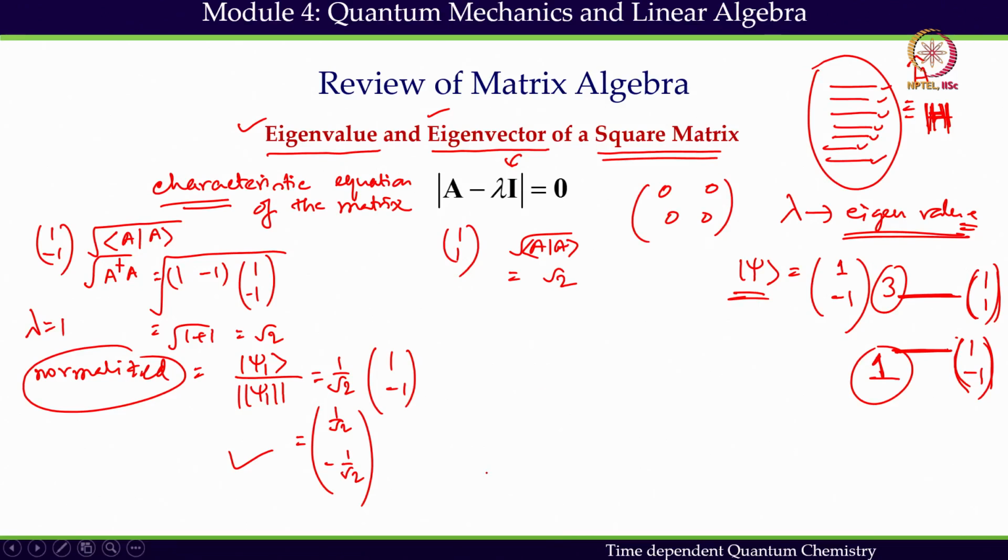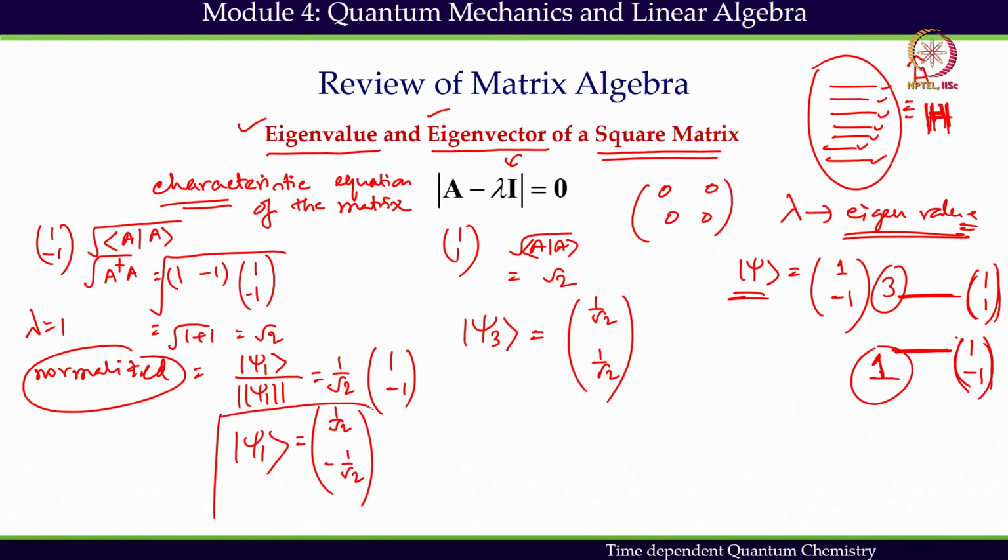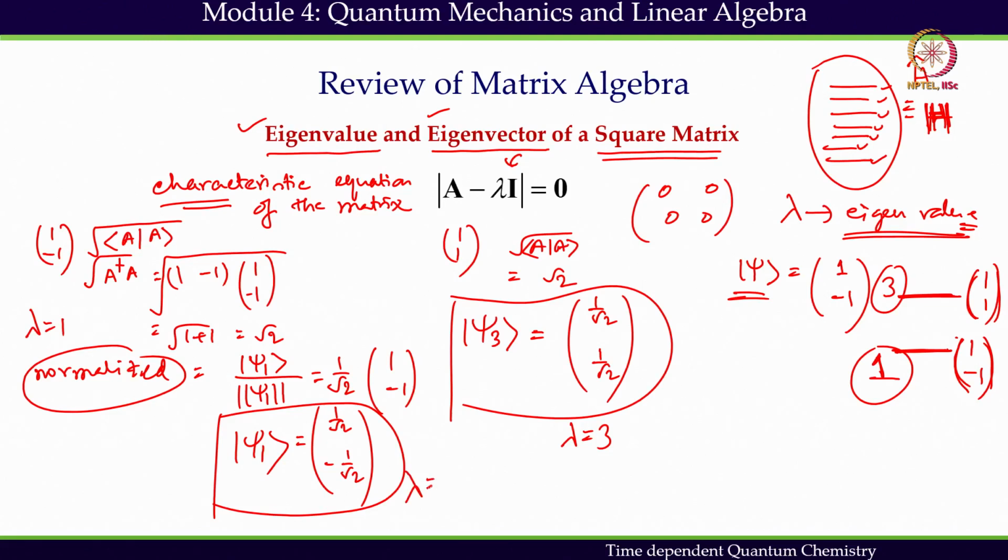That is why the normalized function psi 3 is represented by 1 by square root of 2, 1 by square root of 2. So, this is the representation of psi 1 and psi 3. Psi 3 has energy, or eigenvalue lambda, equal to 3 and psi 1 has lambda equals 1. So, these are the two states we can represent with the help of matrix representation.